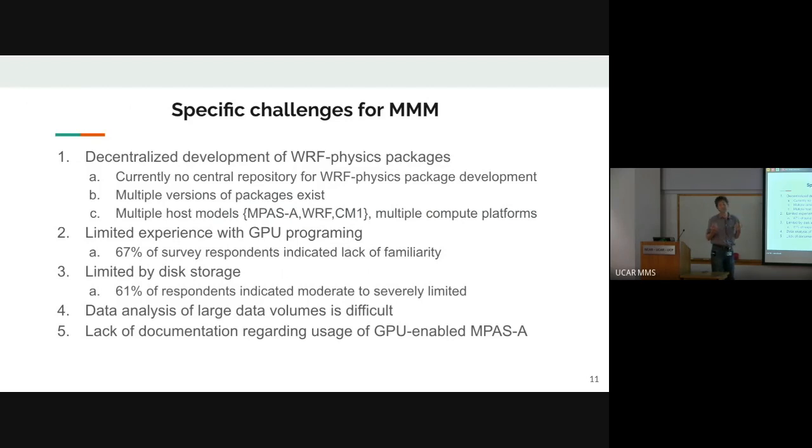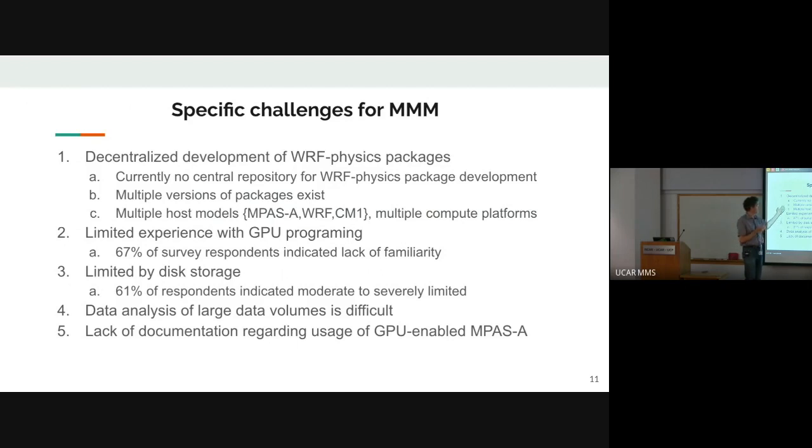So some of the specific challenges for M cubed. We kind of put everything on here that we thought was holding it back. Some of these are simple and some are really challenging, and we decided to put them all on there. The number one was decentralized development of warp physics packages.